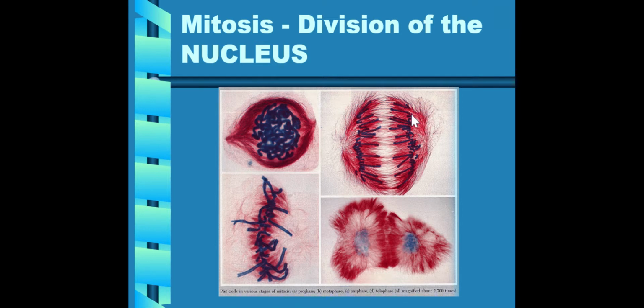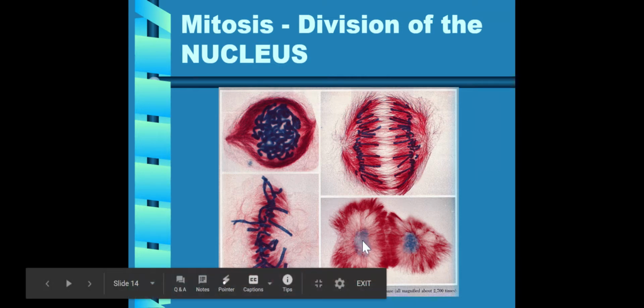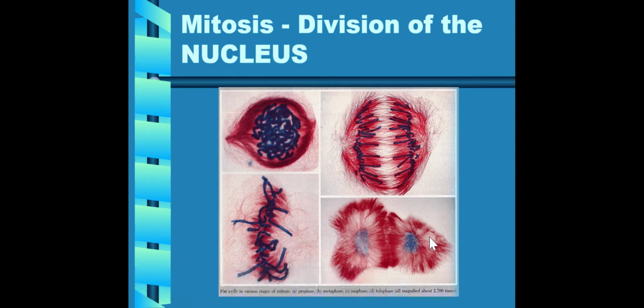In humans, there's 46 chromosomes. So there'll be 46 single pieces of DNA on this side and exact copies of each of them on this side. And then the DNA starts to uncondense and a nuclear membrane forms. And by the end of mitosis, you have 2 nuclei in the same cell.